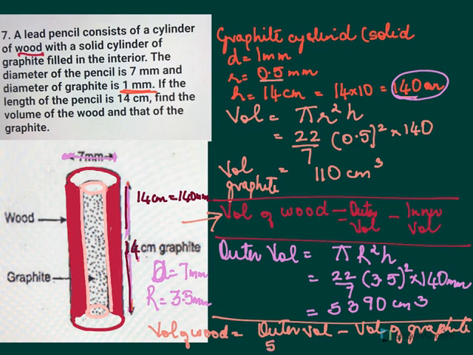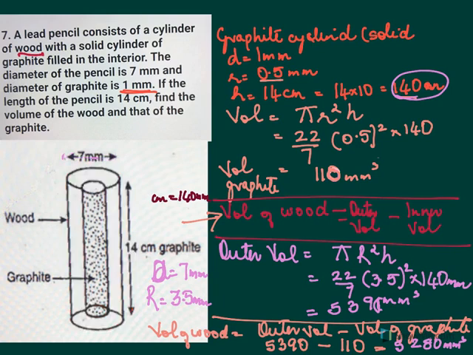So the outer volume was 5390 and the inner volume was 110, which then works as, remember, this is millimeter cube. In all the cases we are doing millimeter, not centimeter. We are working the sum in millimeters. And the answer is 5280 millimeter cube.